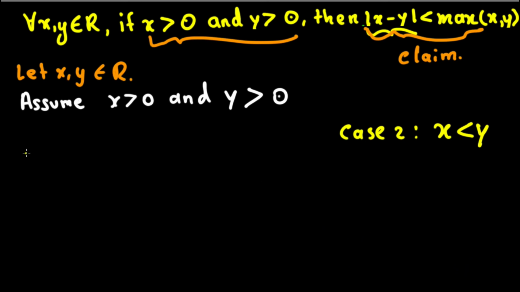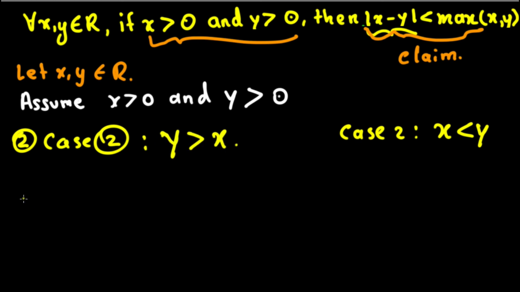In case 2, we have x is less than y, or you can say y is greater than x. If y is greater than x, then x minus y is less than 0.